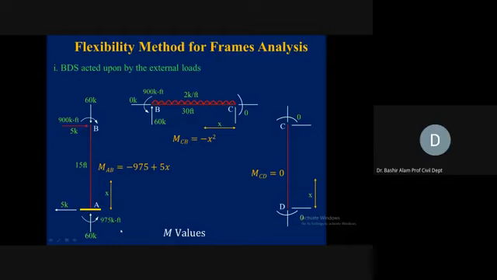I mean 2 multiplied by 3 is 6, but if I ask you to do 975 plus 5x times a plus b, it becomes more complicated. So you choose the origin in a way that results in a simple product.